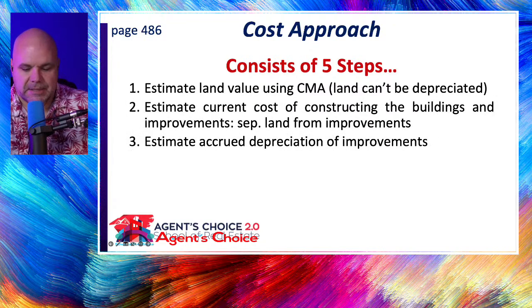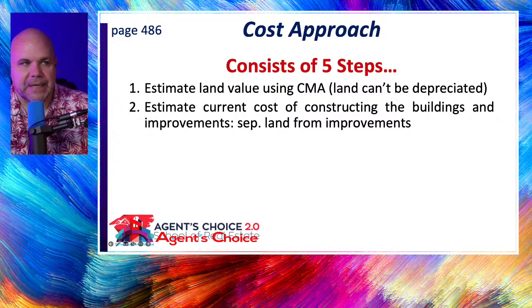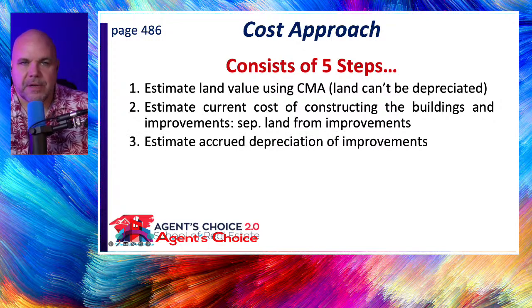Next would be estimate the current cost of building it and its improvements. And then figure out how bad are they? How in disrepair are they? Because of age, because of things like functional obsolescence. What is a depreciation amount to subtract from how much this costs to build new?